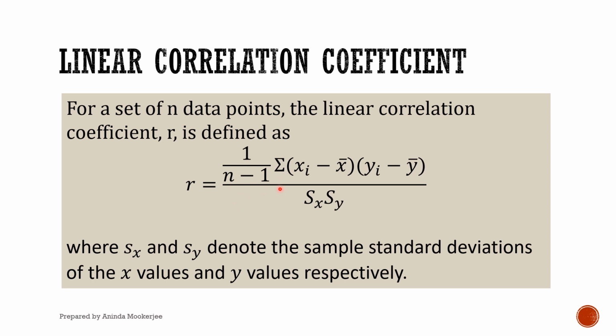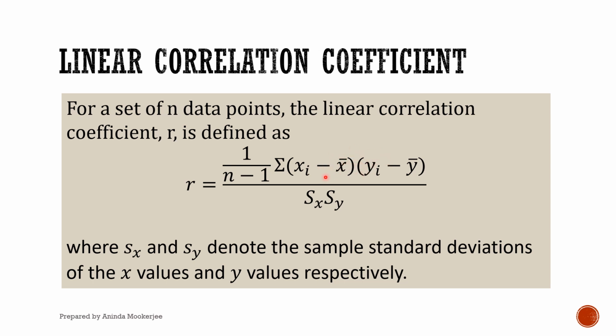All right. So the defining formula for R is 1 divided by n minus 1, so sample size minus 1, and then the covariance, so sigma of x sub i minus x bar and y sub i minus y bar, which are the means of all the x values and the means of all the y values. We are subtracting them from the individual x values and the individual y values, and the results are being multiplied.